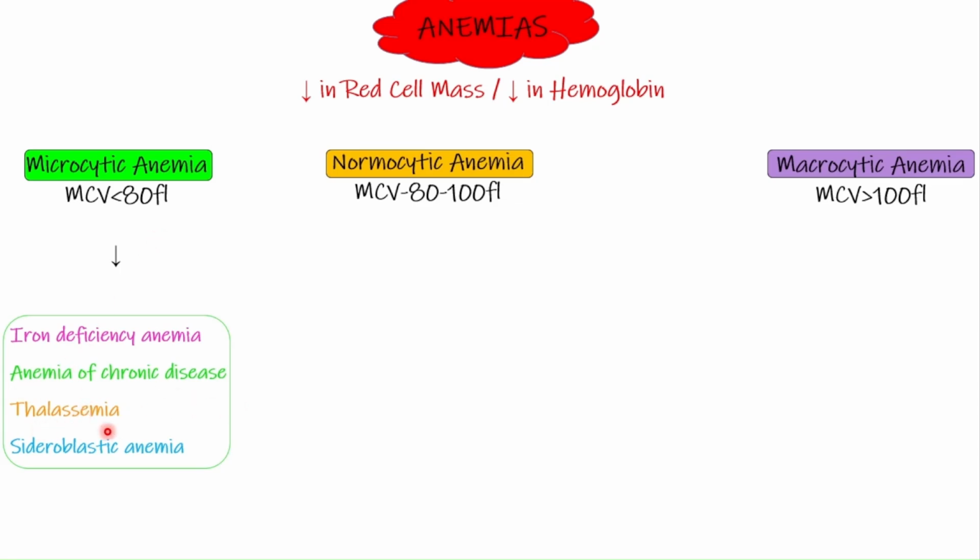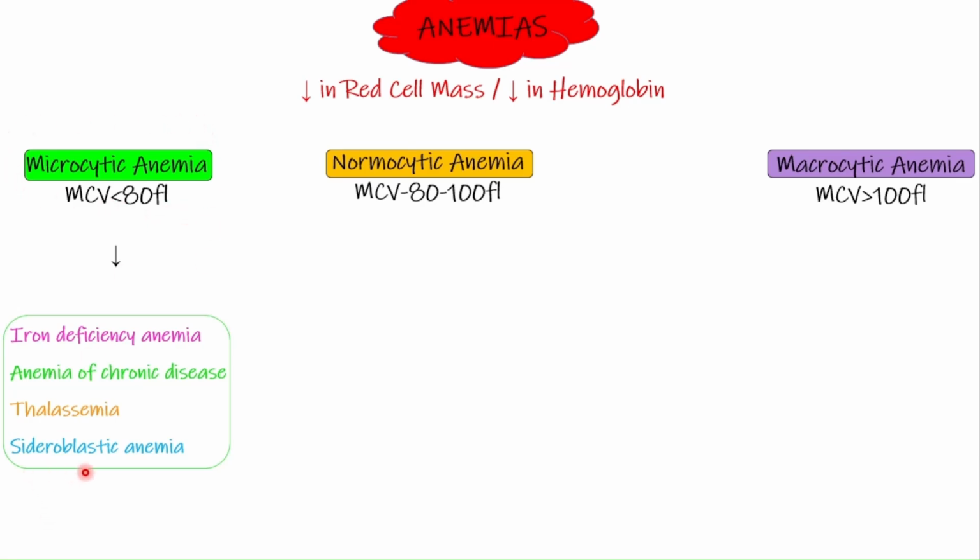Then we have thalassemia. As discussed previously, thalassemia can be alpha thalassemia or beta thalassemia. In alpha thalassemia, there are genetic defects with reference to the alpha chain of hemoglobin, whereas in beta thalassemia, there is a genetic disorder with reference to the beta chains of hemoglobin, and in them the normal hemoglobin is not produced. So the anemia because of thalassemia is also microcytic.